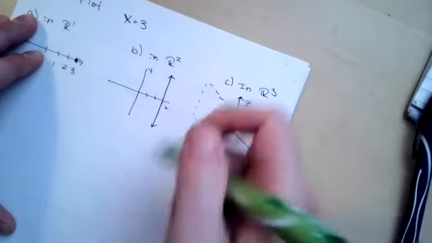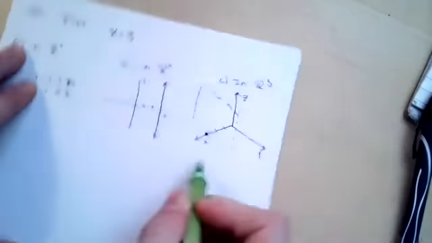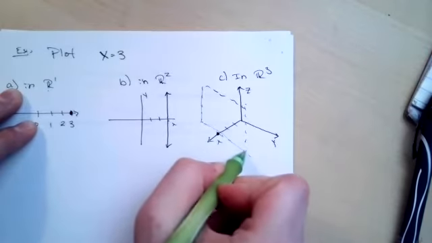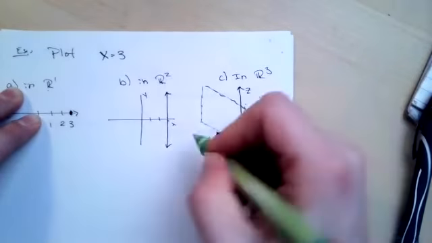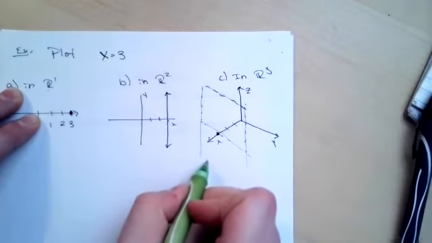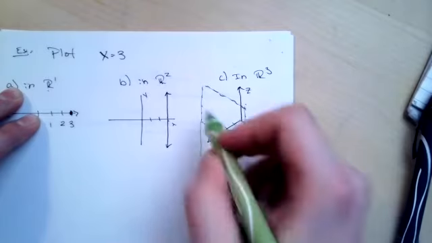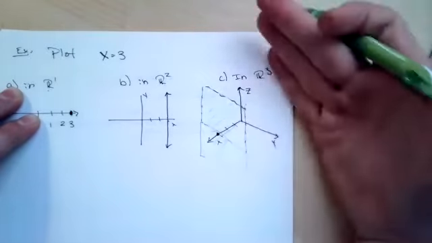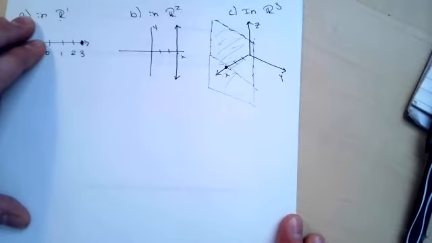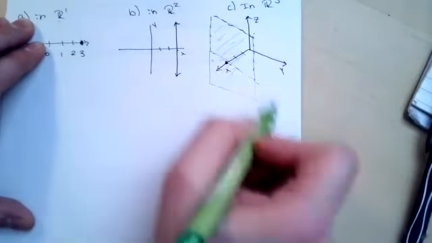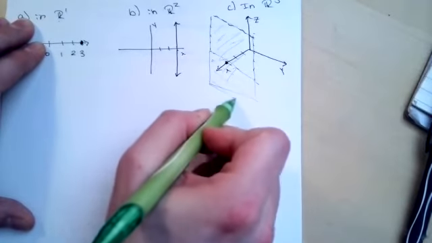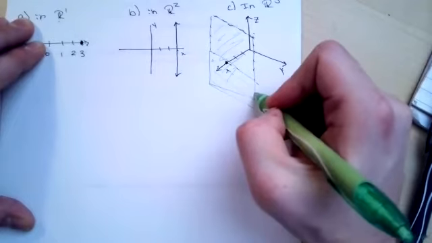So maybe we can use some color here. So it's this plane that is sitting out at us at x equals 3. Sorry, I should have drawn this a little better, parallel to that y-axis.